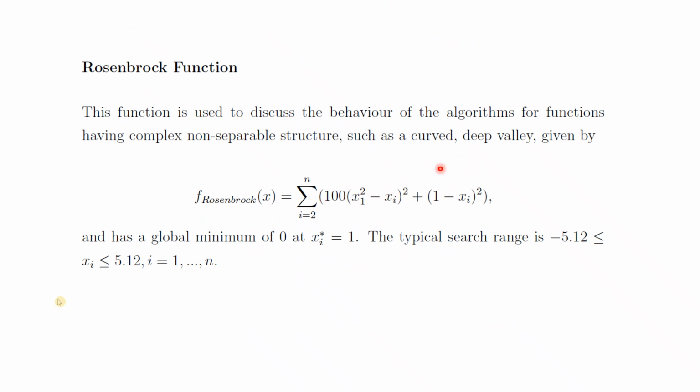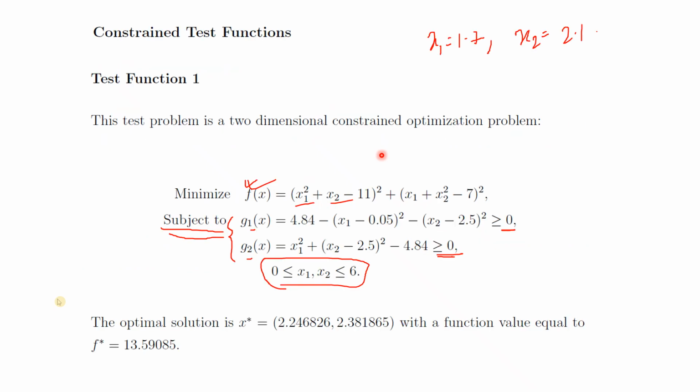Previously, if you got any value of x1 and x2, it was not discarded. You would see whether the objective function is minimized or not, and if it is reduced, you can accept that value. But in this case, even if the objective function is reduced using these two variables, you have to check whether g1 and g2 are satisfied.